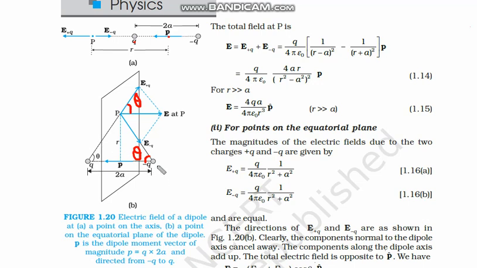Though this is not an equilateral triangle, it is isosceles. These angles are equal because both points are at equal distance from the plane AA, and this plane is the equatorial plane. So this triangle is isosceles, and both the angles are theta.